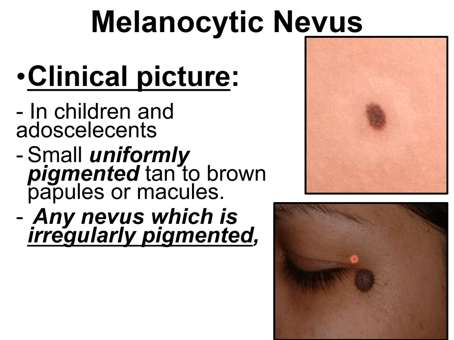Any nevus which is irregularly pigmented, if the nevus has irregular pigmentation, one part is dark brown, one part is tan, one part is reddish, so this lesion has to be excised and examined. So the first sign that gives us alarm about this nevus is irregular pigmentation, not a uniformly pigmented one.